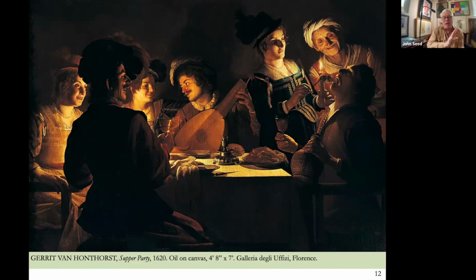And then we follow that light down to the right end of the table, and we see a man who is being fed by 2 women, a young woman and an older woman. And all of this is a source of giggles, of mild hilarity to the people over here on the left. And of course, what we have is a lesson about one of the 7 deadly sins. We have a comment about gluttony, and everybody on the left side of the table gets to be a little bit judgmental and morally upright.